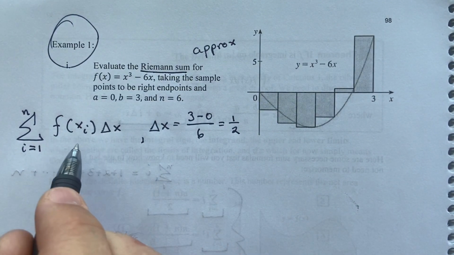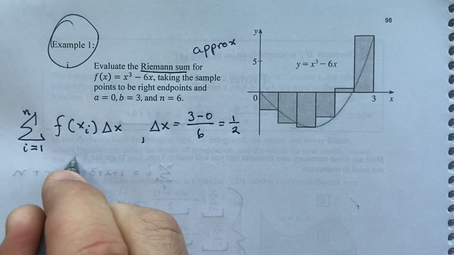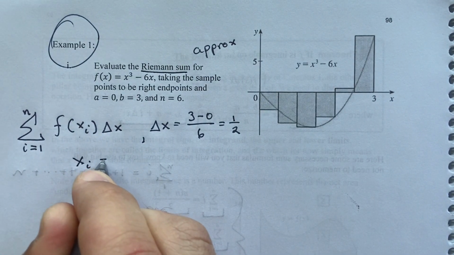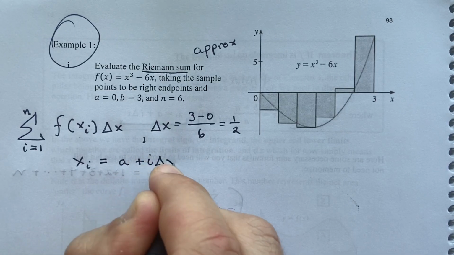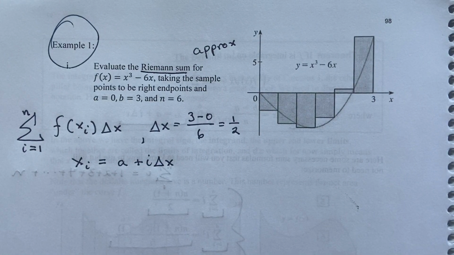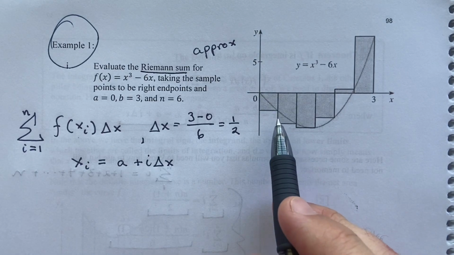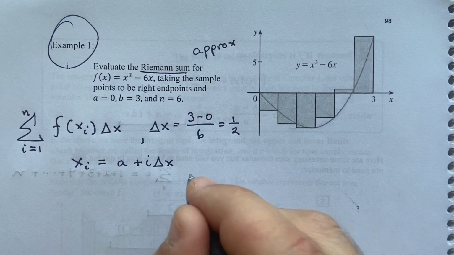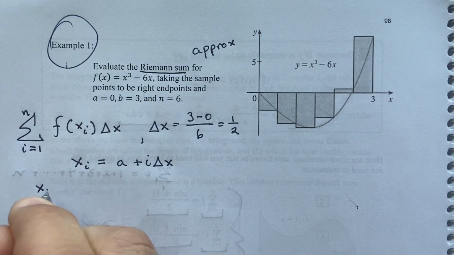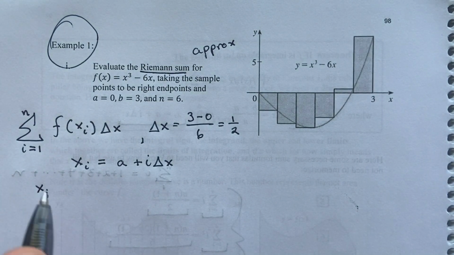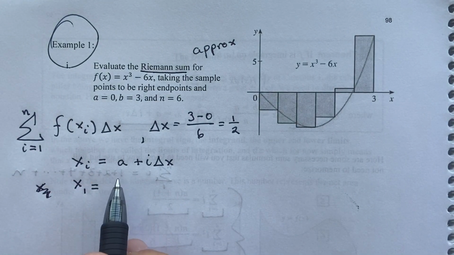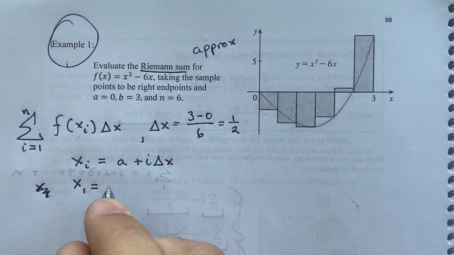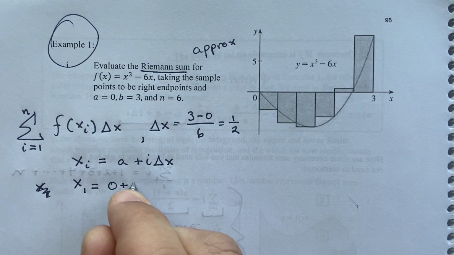So delta x will be 1/2. To figure out the x sub i's, it was given that x sub I will be a plus I times delta x. That was on that previous page. So for these 6 rectangles, I can define x sub 1 as 0 plus 1, right?